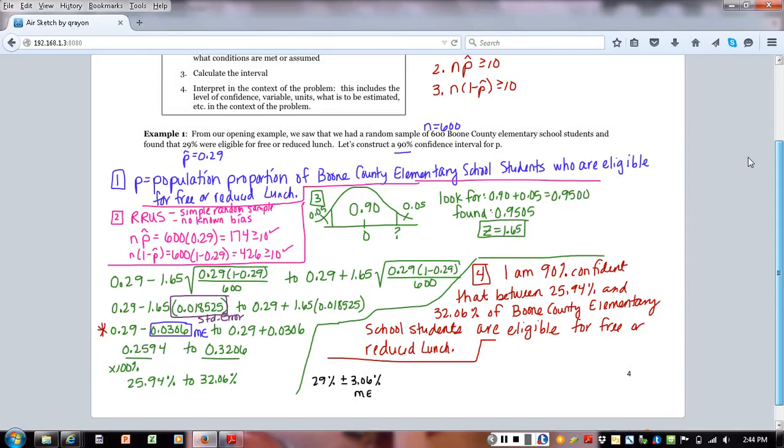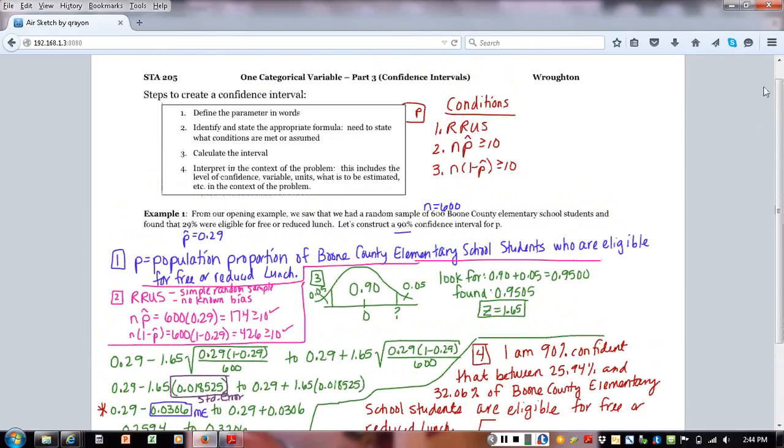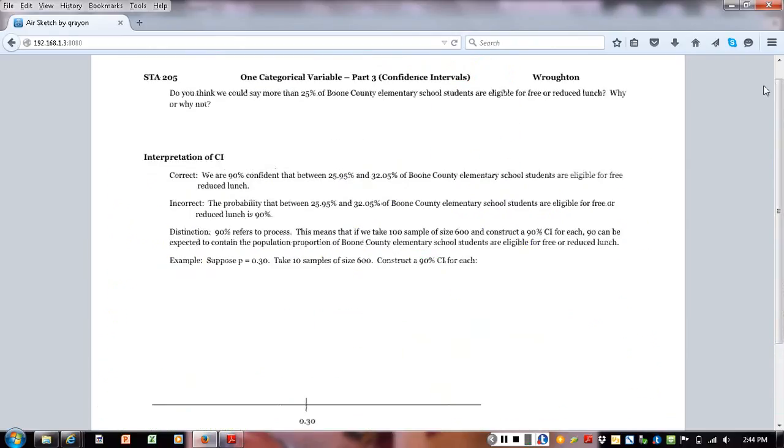So we said between 25.94% and 32.06%. Is that more than 25%? Yes. I should feel comfortable in saying that because my entire confidence interval is greater than 25%.